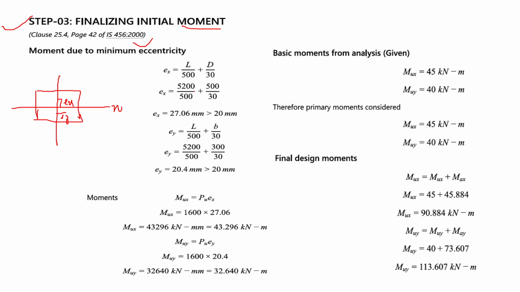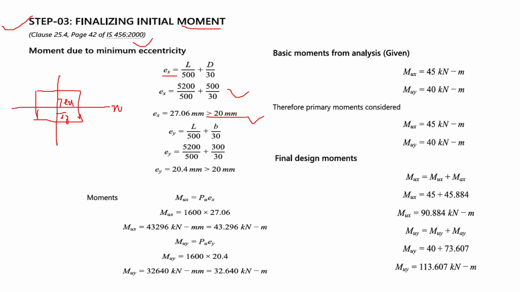We have to find the minimum eccentricity, and it should be greater than 20. If it is greater than 20, that means it is okay, it is safe. So we find the minimum eccentricity about the x-axis, ex: L effective by 500 plus D by 30, we are getting 27.6. It should be greater than 20, that means this is okay.